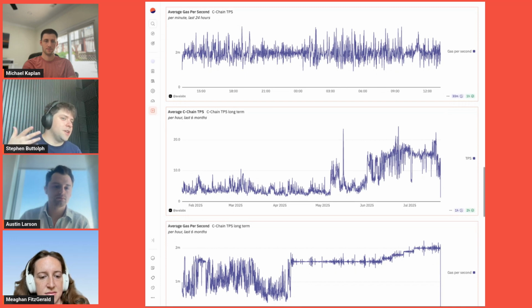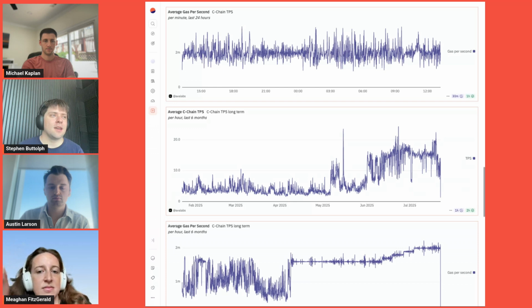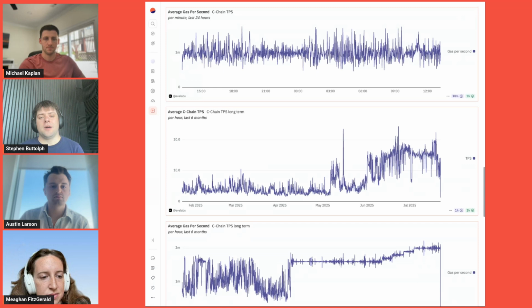But you also don't want to expose yourself to needless spam as well, right? So the reason these fees exist is to prevent spam and allow users to interact on chain without too much headache.